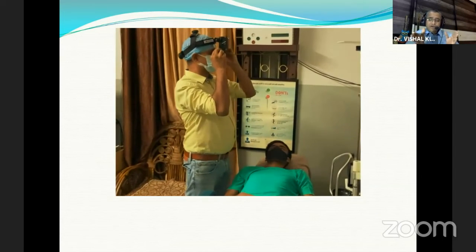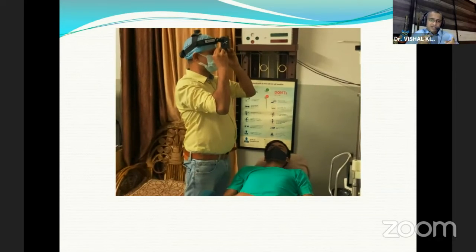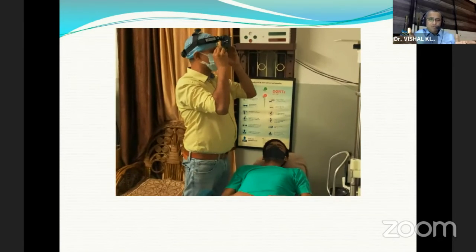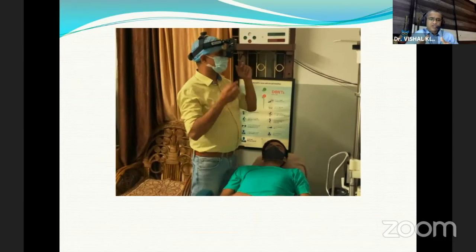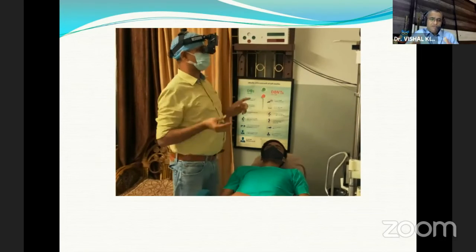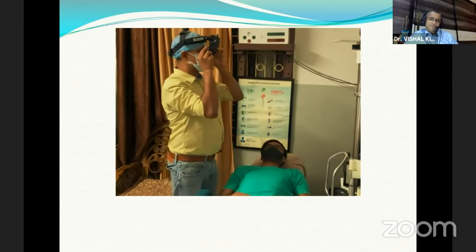Here the concept of binocularity comes in: your normal IPD is more, but in indirect ophthalmoscopy you have to adjust it so that you have good binocularity and depth of view.